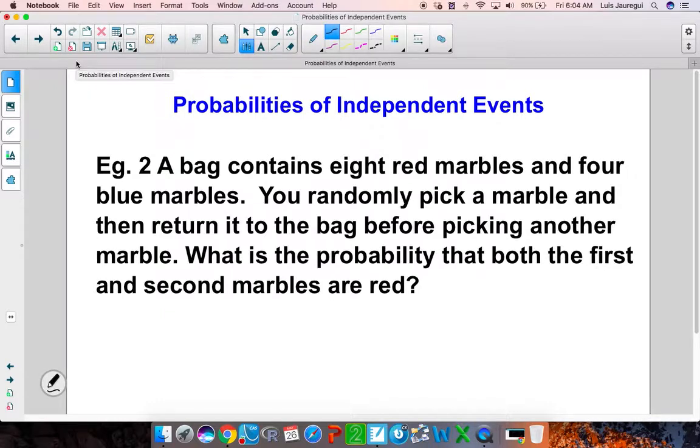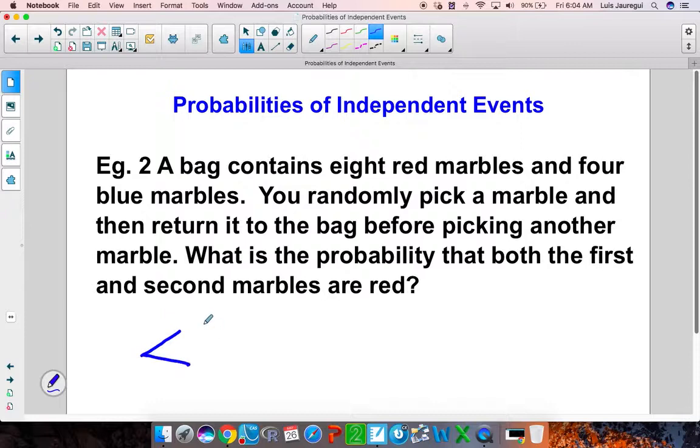Example 2. A bag contains 8 red marbles and 4 blue marbles. You randomly pick a marble and then return it to the bag before picking another marble. What is the probability that both the first and second marbles are red? Again, here we only have red marbles and blue marbles. So I'm going to list my outcomes.